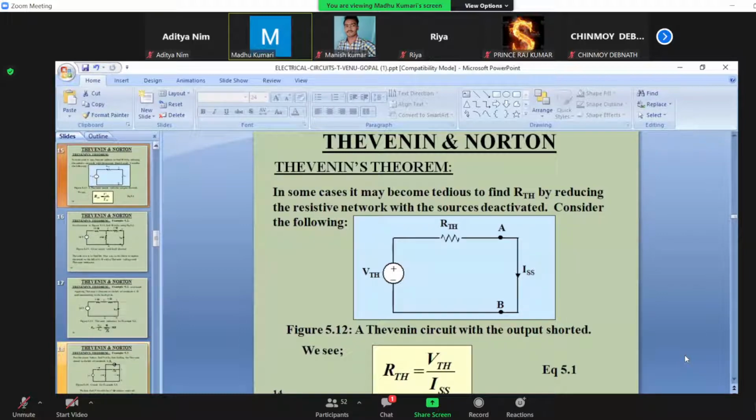This is another process. But the very basic principle is that if you understand how to calculate RThevenin and open circuit voltage at the point where load resistance is omitted, then there is no difficulty and you can calculate easily. So this is another method anyone can use, but this is not necessary.